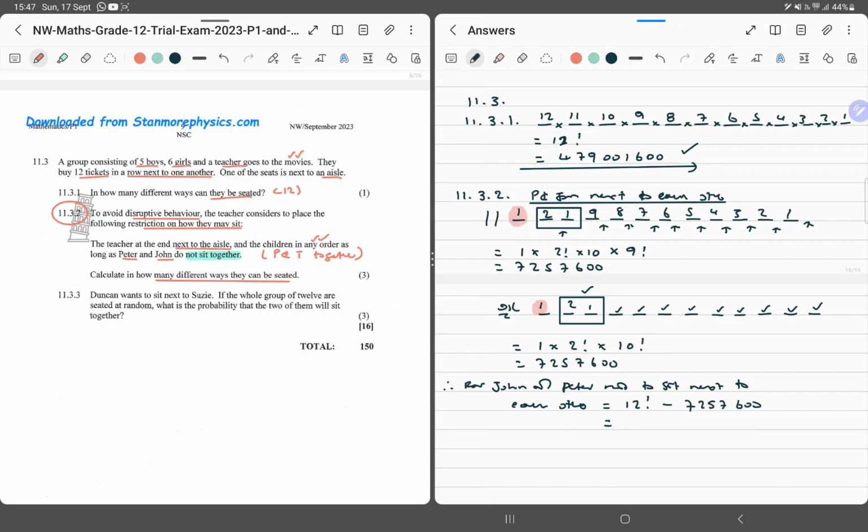So that is going to be the story. Now let's see, this is going to be 479,001,600 minus 7,257,600. So this leaves us 47.